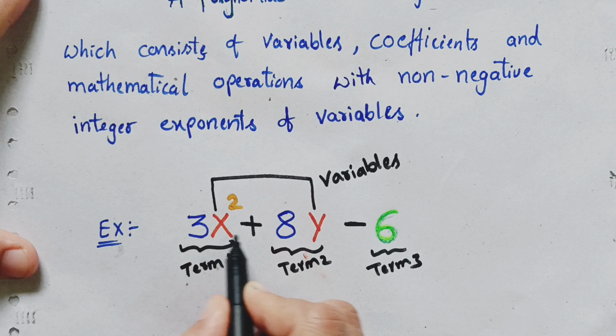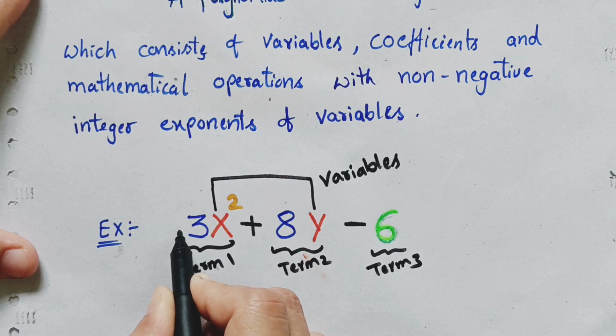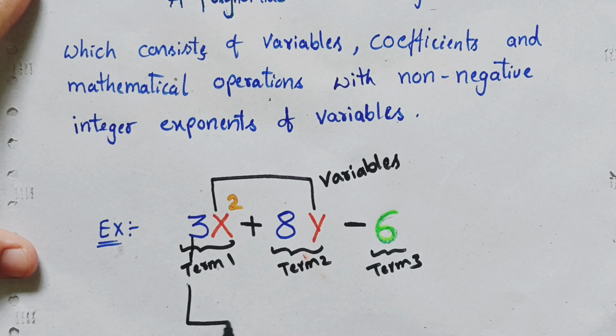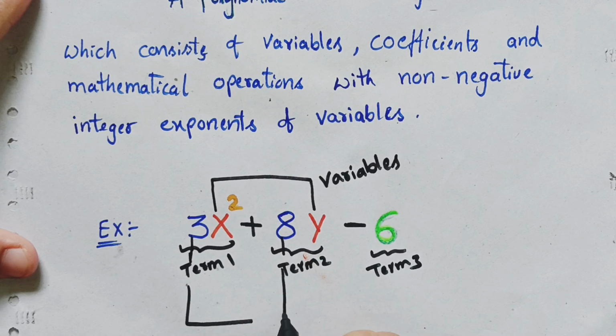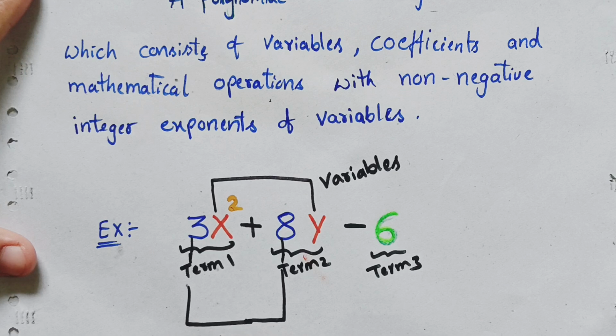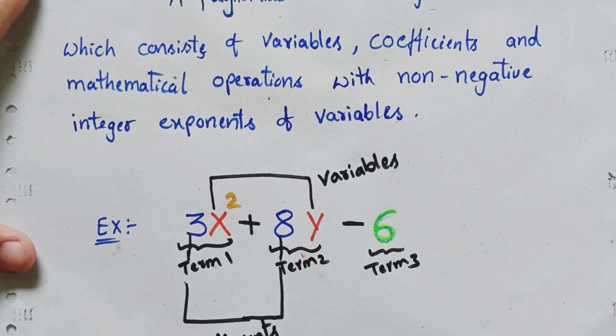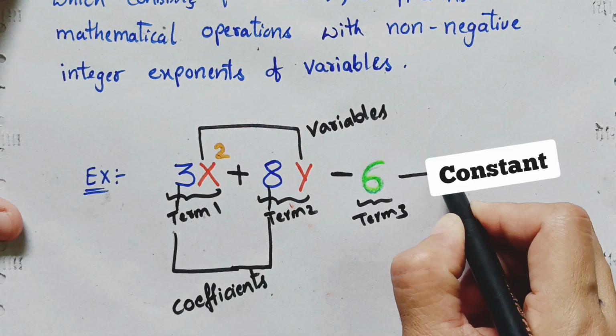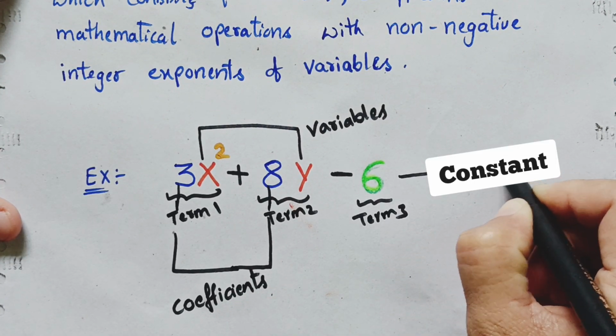These 3 and 8 we call it as coefficients. This 6 is constant.